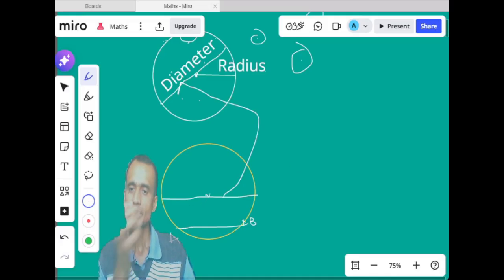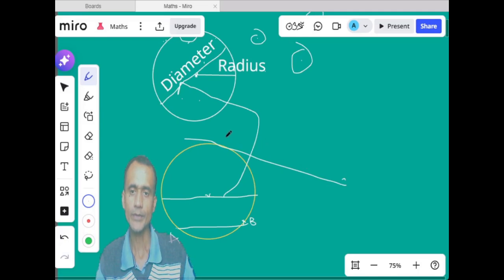Now if a line is drawn from a point outside the circle, and it touches the circle in only one point, then that line is known as a tangent.